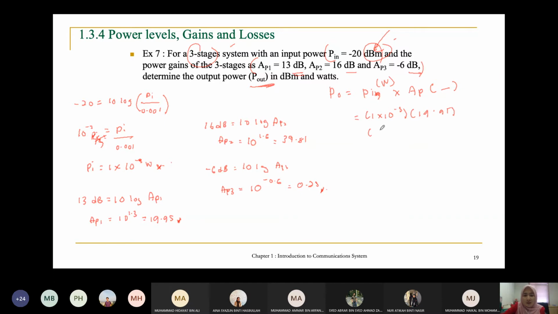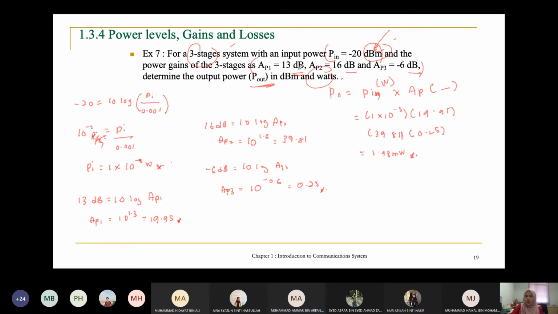So multiply with 39.81, multiply with 0.25. Okay, so you will get the answer is 1.98 milliwatts. So this one is in the unit watts.